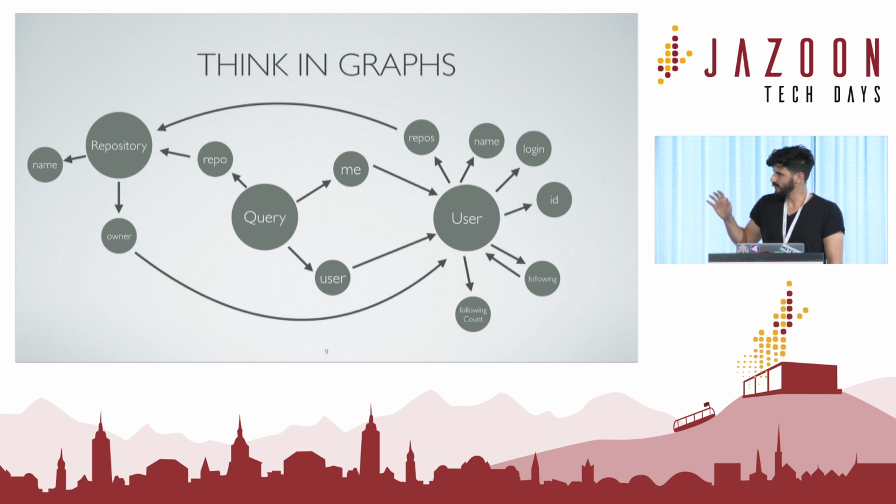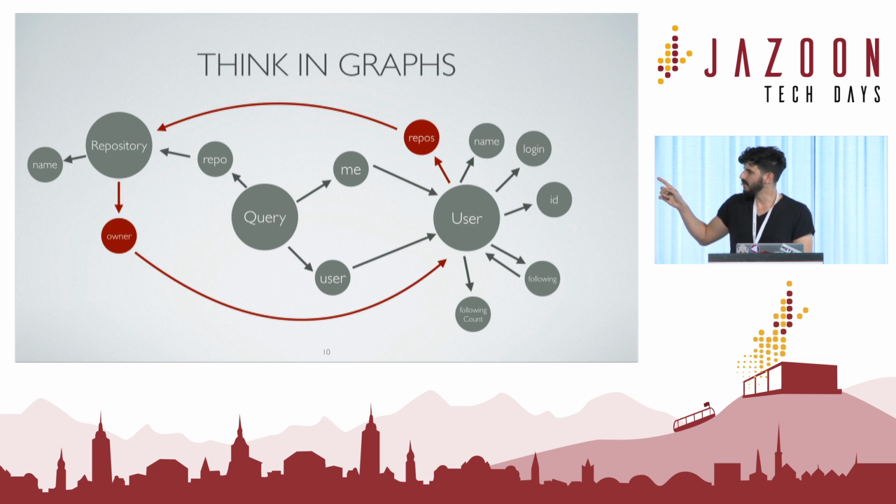So here in this example, we have the repository and user entities. And each of them has an edge connected to a primitive type that is probably stored in some kind of persistent data store. But also they have relations to each other via these repos and owner nodes.